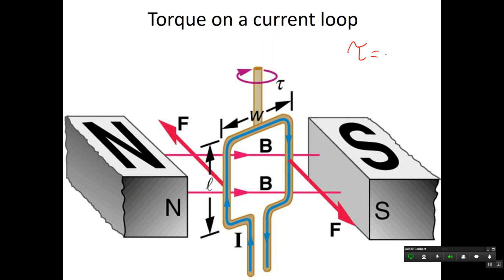So the torque tau is equal to the force multiplied by the distance, and that distance is the distance to the rotational center, in meters. As simple as that.